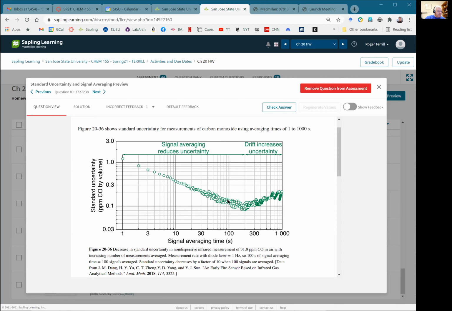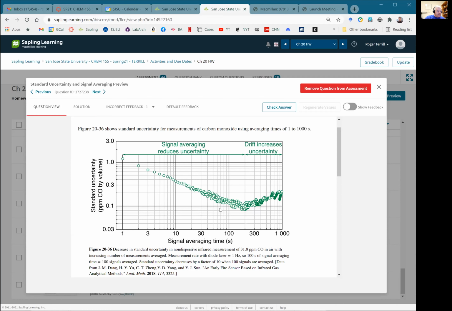And you can see that this is 1/10 of this, right? And so there's this beautiful linear range here where the noise to signal ratio, sorry, is improving as the square root of the signal averaging time, right?